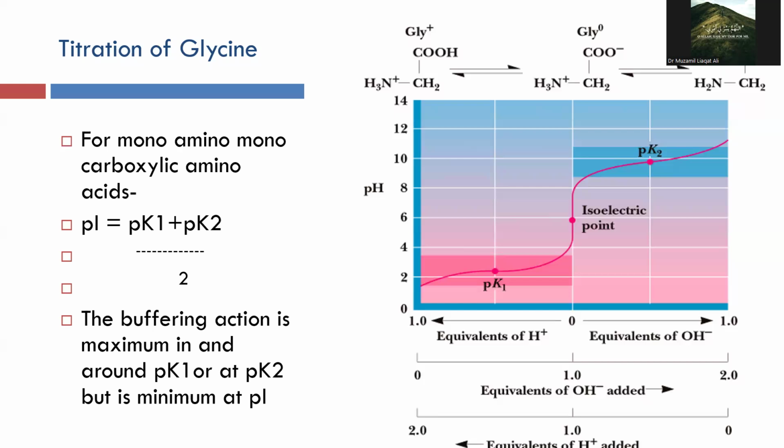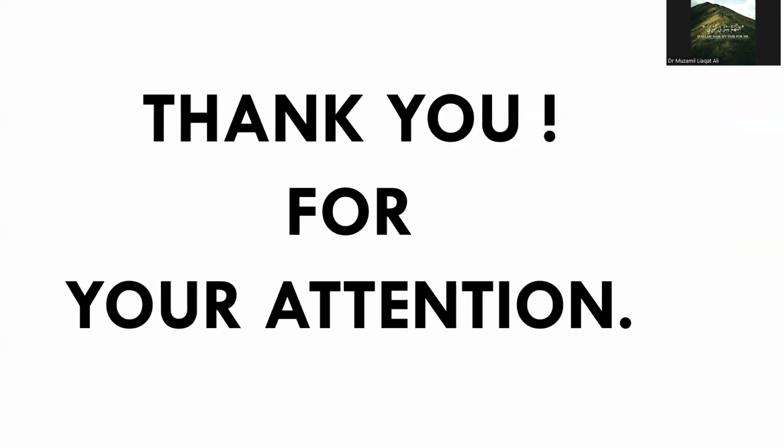Thank you very much for your attention. So today we learned about zwitterions and ampholytes, and that the isoelectric point is the pH of no net charge, minimum solubility, and minimum buffering capacity. Titration curves reveal dissociation constant values and buffering zones.